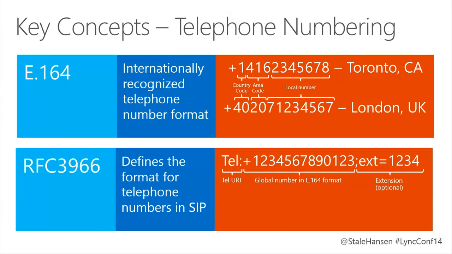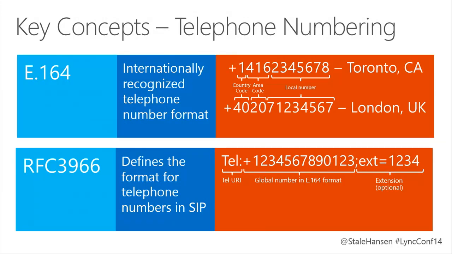Then you have the RFC 3966. You don't have to remember this, which defines the format of a telephone number within the SIP stack. So you have the tel colon, and then the E164 formatted number, and then you have the extension, which is optional in this setting.